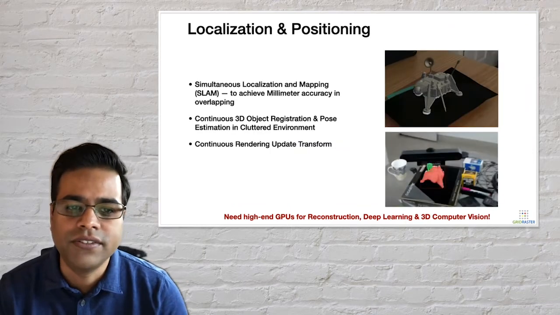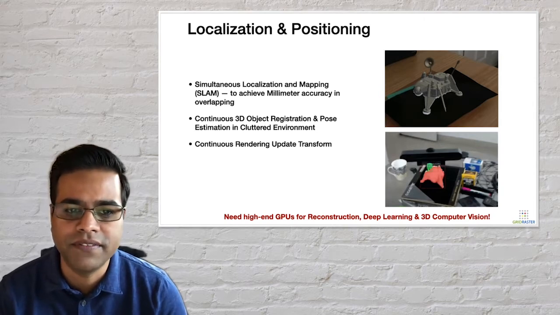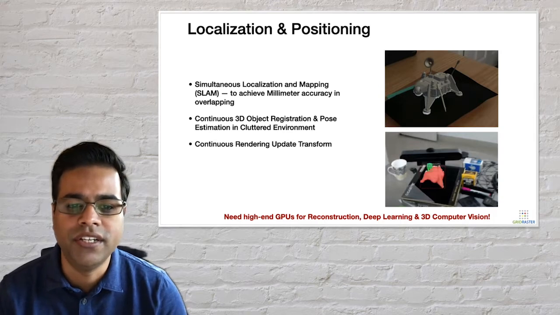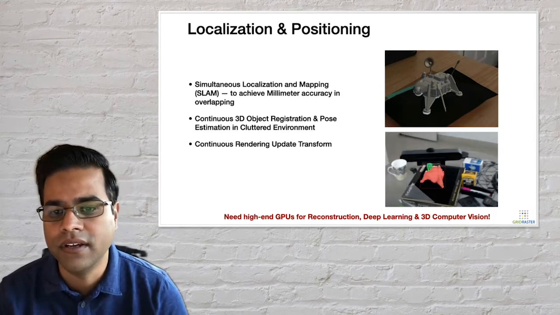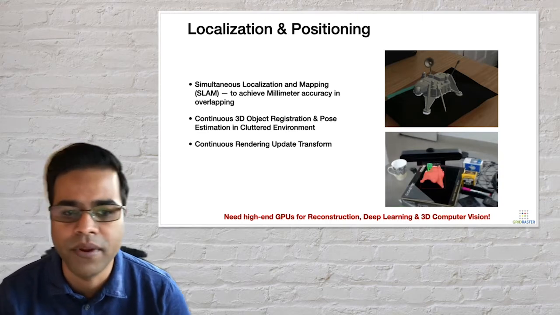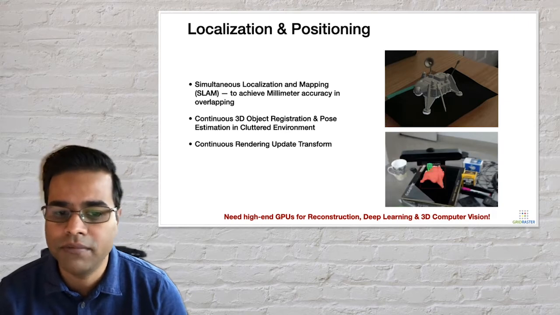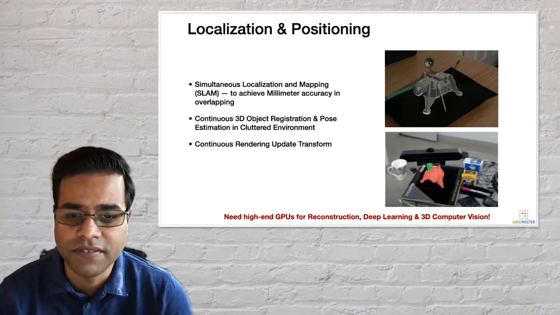Once we have these two components in place, we need to be able to localize and position the object. We need to be able to run the SLAM algorithms to achieve millimeter accuracy in overlapping of the object of interest with the model that we are rendering on top of that. We need to have continuous 3D object registration as you move around in 3D. So it's a full 6-DoF experience.